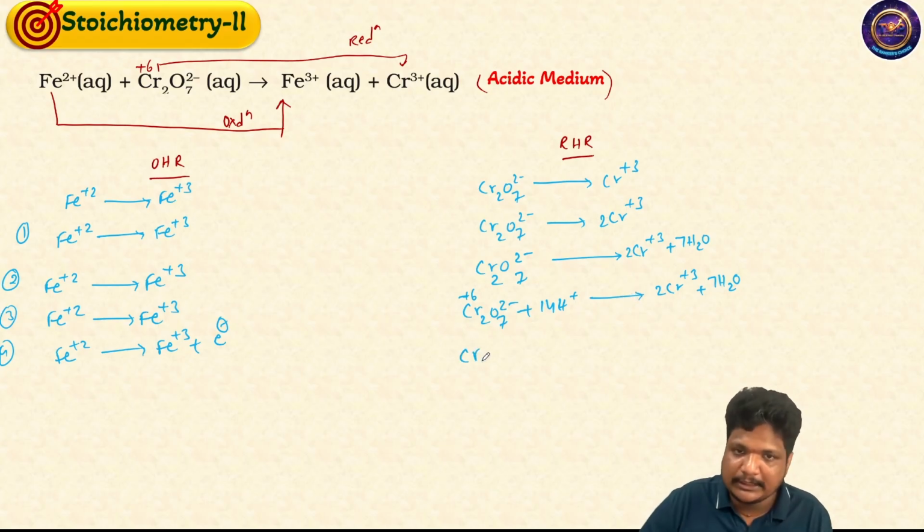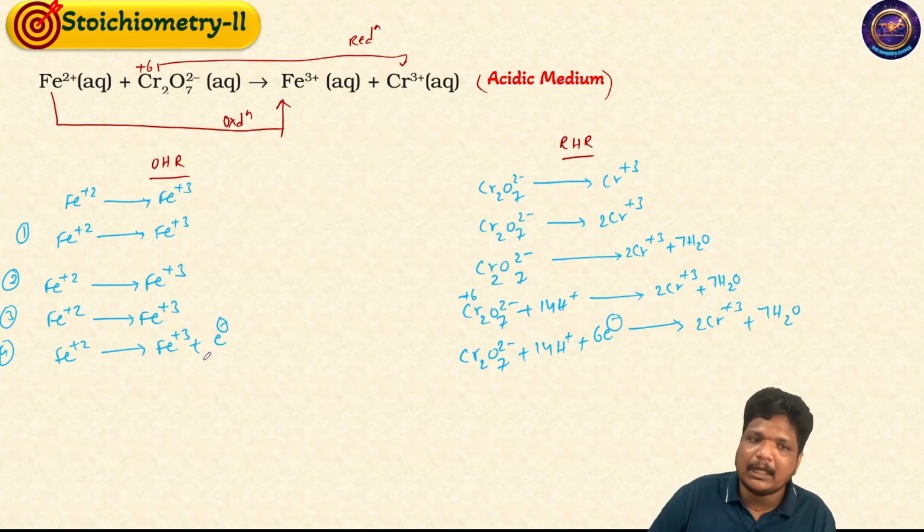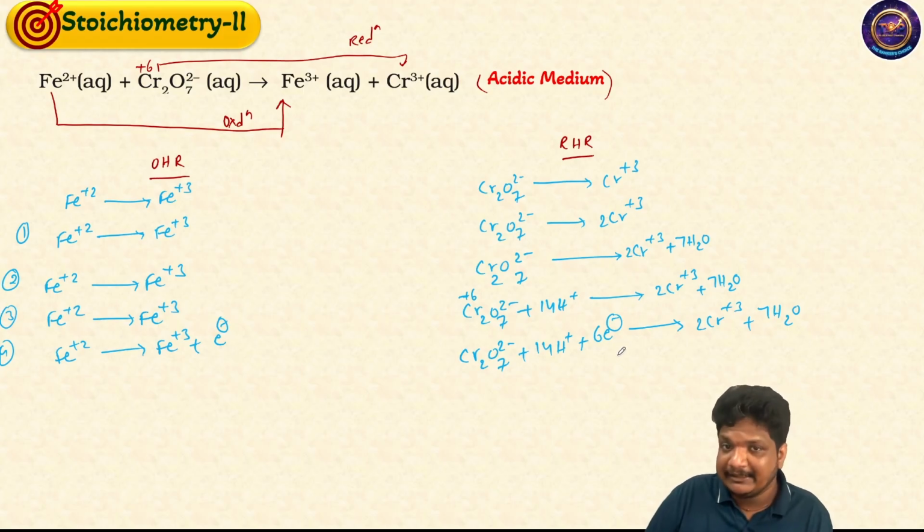So Cr2O7 2- plus 14H+, 6 electrons are gained, so it converts into 2Cr+3 plus 7H2O. You have to equalize the number of electrons lost in the oxidation half reaction and the number of electrons gained in the reduction half reaction.